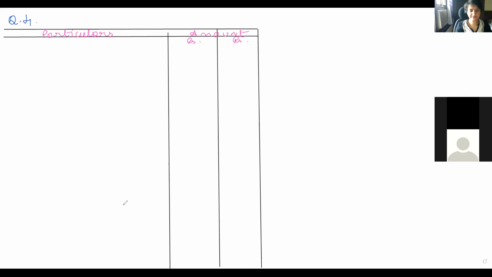So the first entry which we are supposed to pass is related with preference shares. Okay. So now, what was the adjustment given? I'll just go to the question once again so that you can see the question here itself.